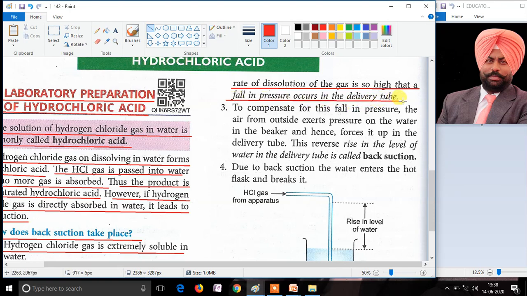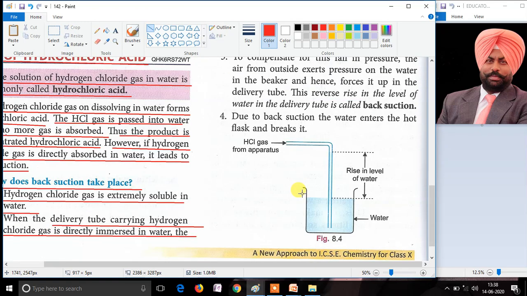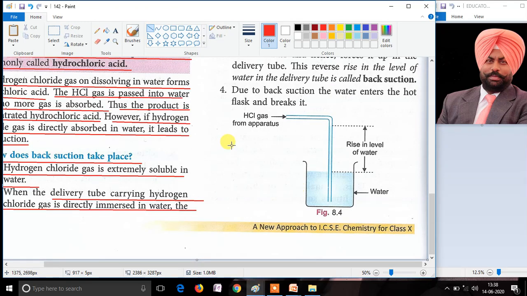This was the reason why the flask has burst. Now we are going to study how this back suction can be prevented.